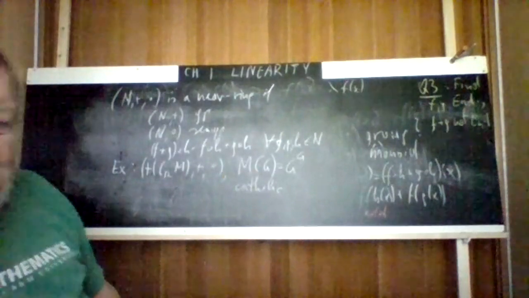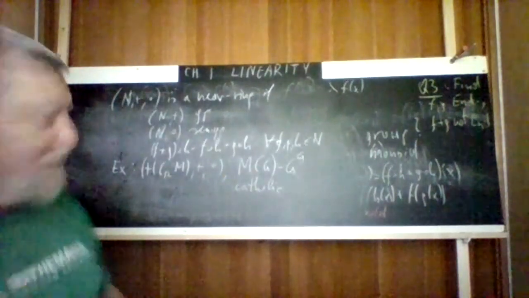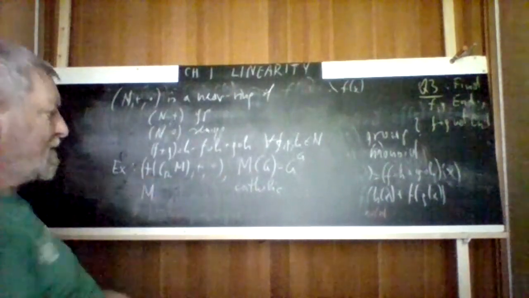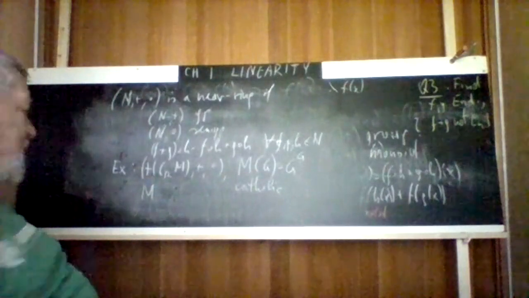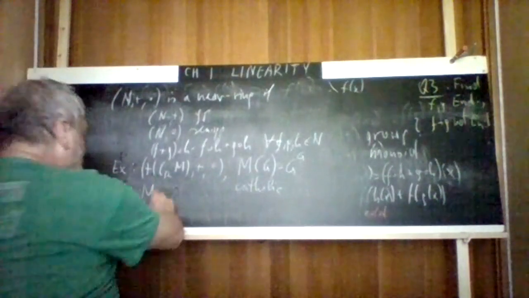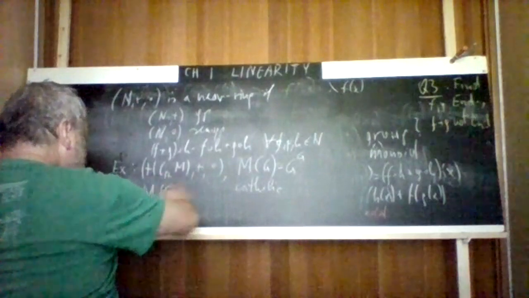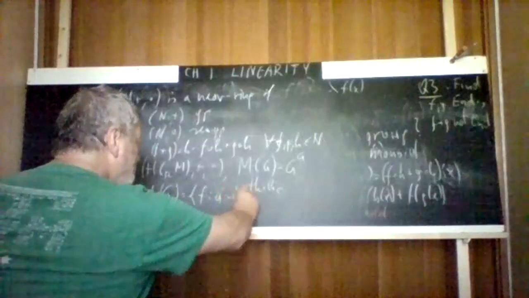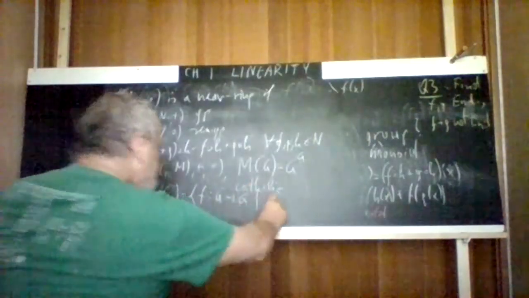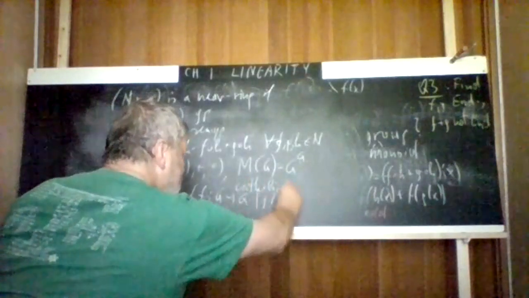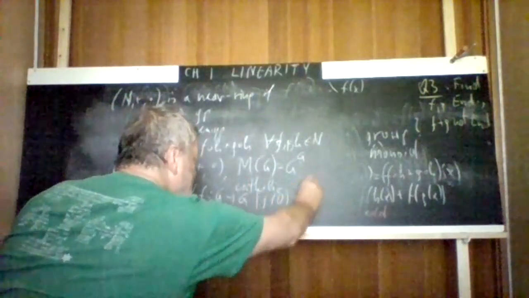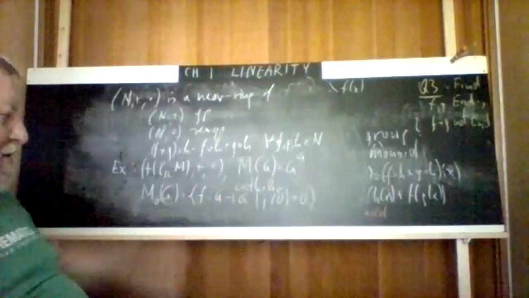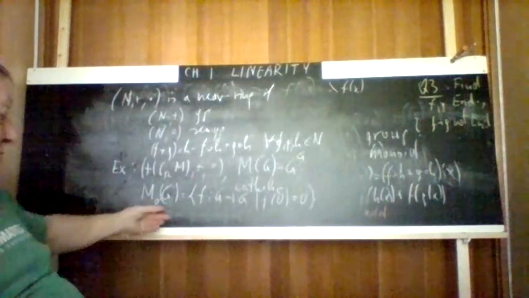Then there are many others. We'll use this later on very often: we can take only M naught of G. These are all functions f from G to G such that f maps 0 into 0. Of course, you can have many functions.